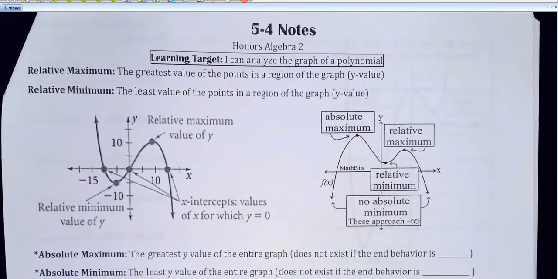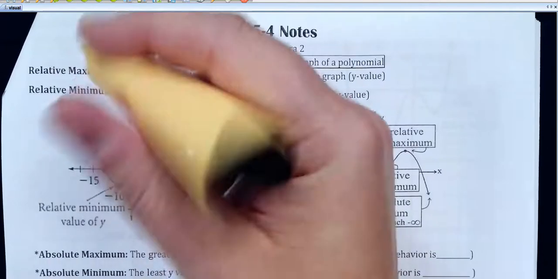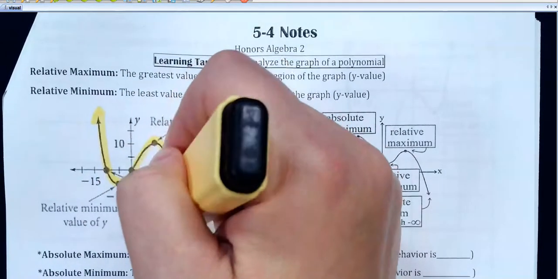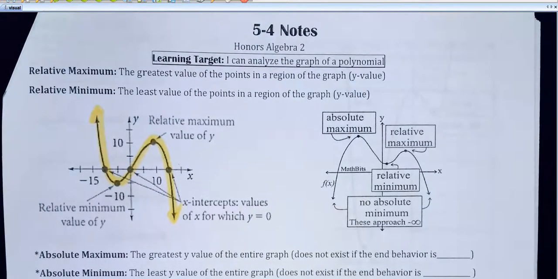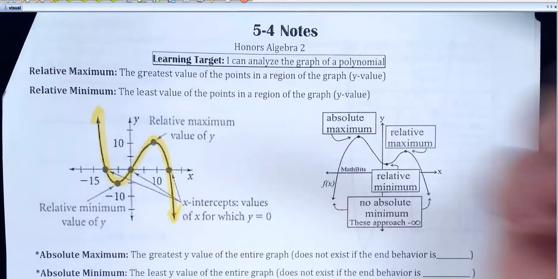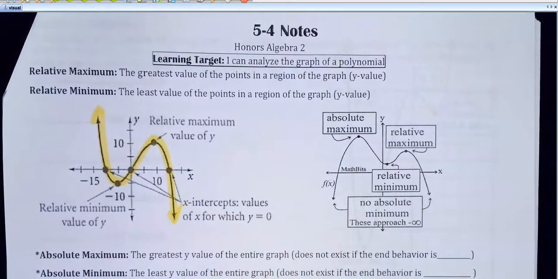But if you look at this polynomial I have graphed, the minimum degree here would be 3. Because this graph goes up to positive infinity and down to negative infinity, there's not an absolute maximum or minimum because I'm going towards infinity.